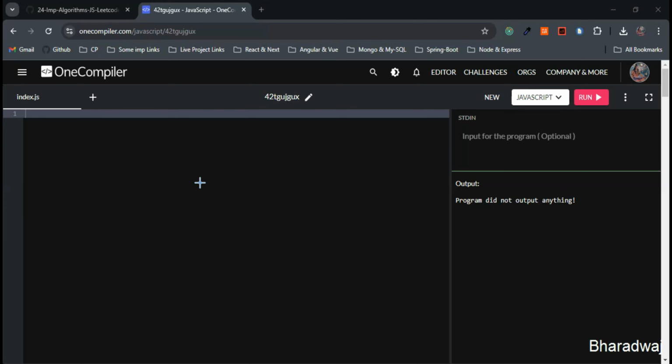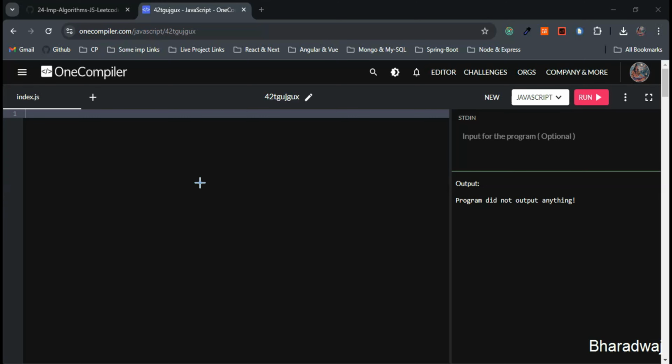Till now we have discussed data structures and algorithms. We have also done projects in vanilla JavaScript as well as Java, and some problems on Codeforces and LeetCode. So this will be the last algorithm that we'll be discussing in the series.